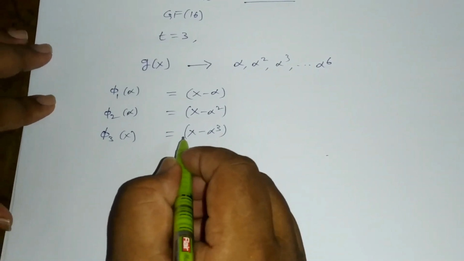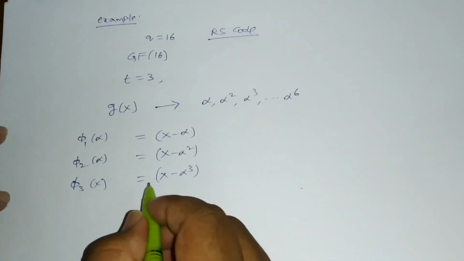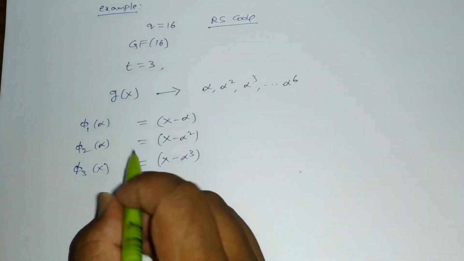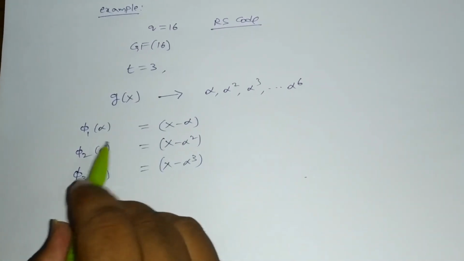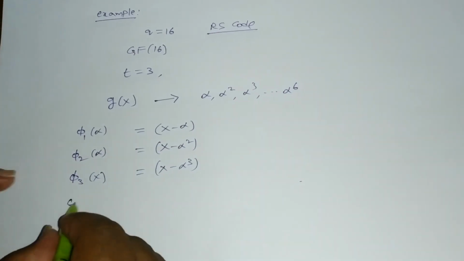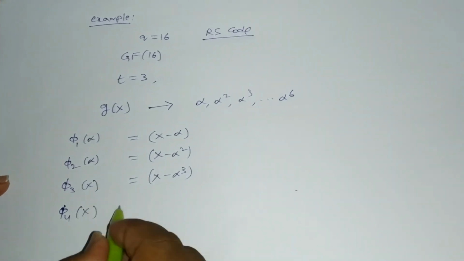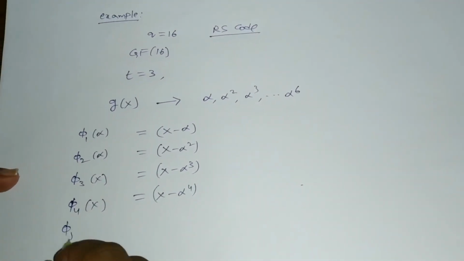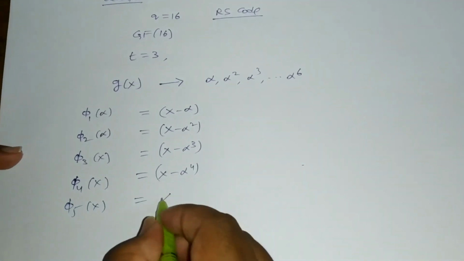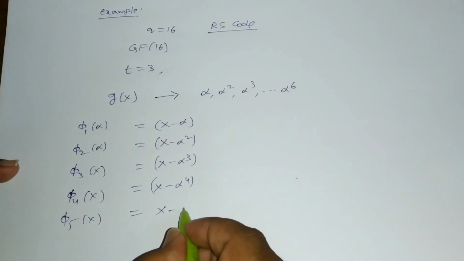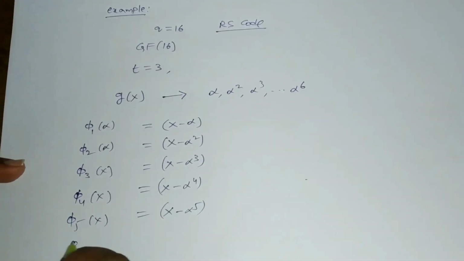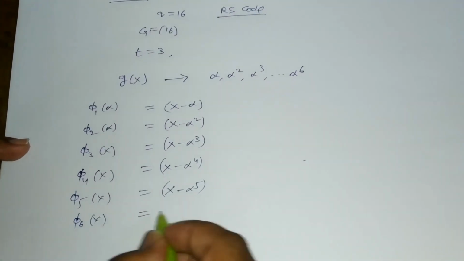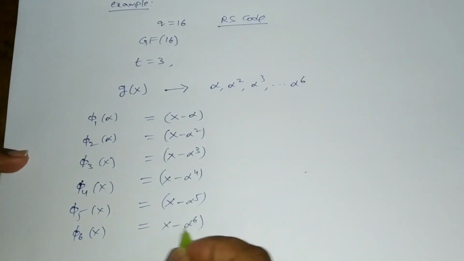Here there are no equivalent representations as in BCH coding, because Q equal to 16 is a base field, so for every element you have to calculate the same parameters. Phi 4 of x is x plus alpha power 4, phi 5 of x is x plus alpha power 5, and phi 6 of x is x plus alpha power 6.